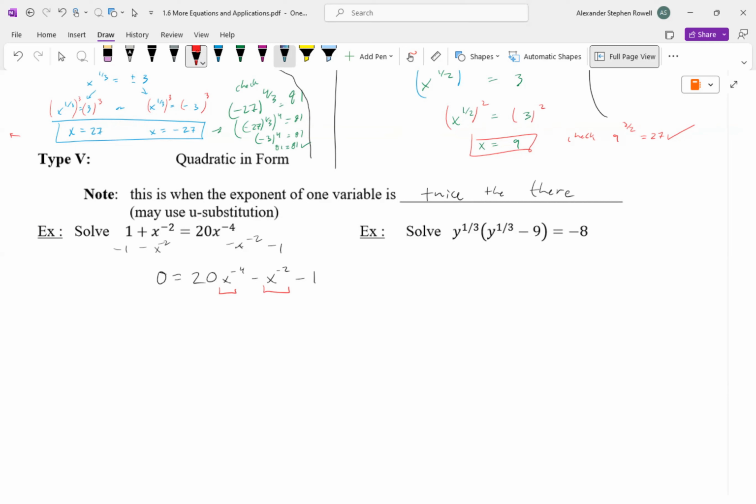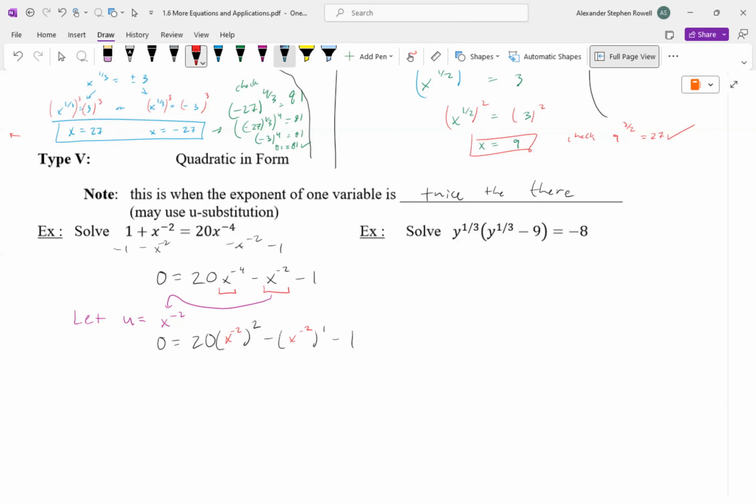So we can do a substitution. Let u be the smaller of the two, the one that is half the other: x to the -2 power. 0 is equal to 20 times something squared minus something to the first power minus 1. This is what quadratics look like, but usually this is x, right? 20x squared minus x minus 1. But now we're just going to plug u in, because this is x to the negative second power.